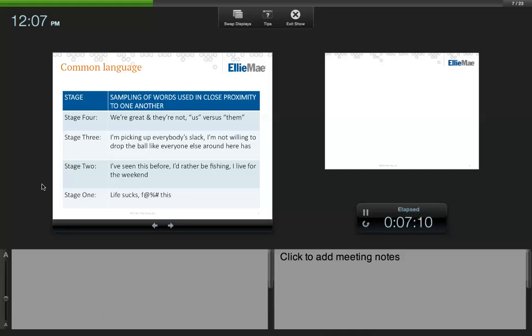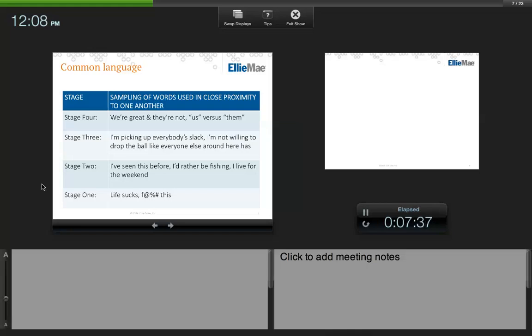Stage three teams, this is a holier than thou attitude, right? I'm picking up everybody's slack. Because of me, this team is performing, but look at all these low performers around me. We need to do something about this. I'm not going to drop the ball just like everybody else around here has, right? We've seen that language, and what that does is it alienates people, right?